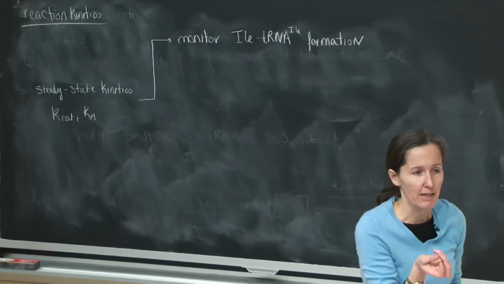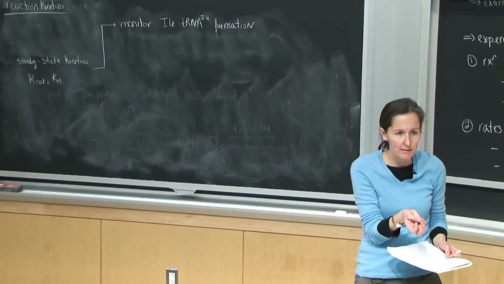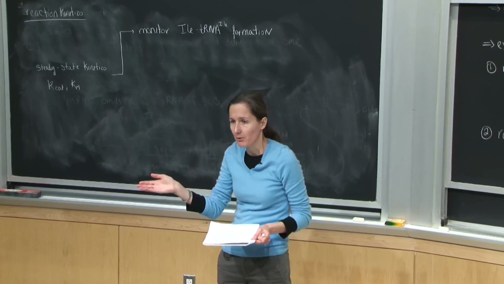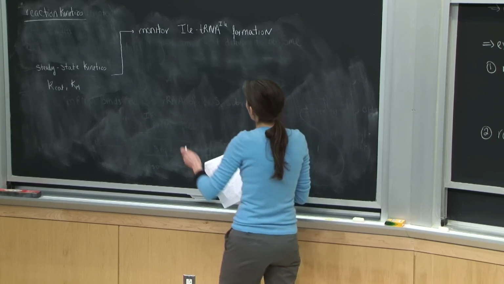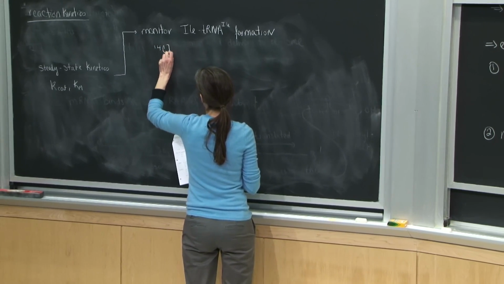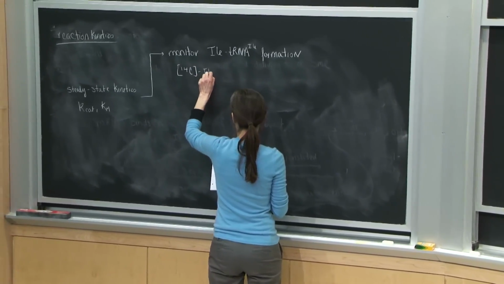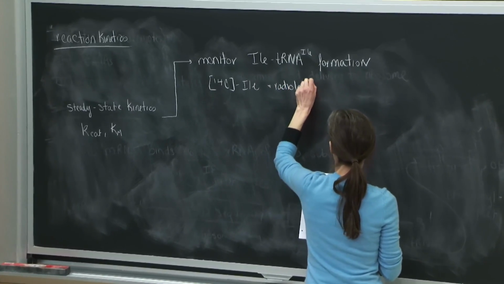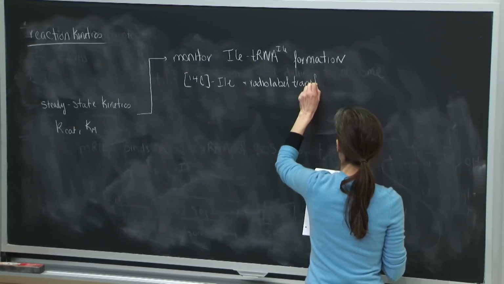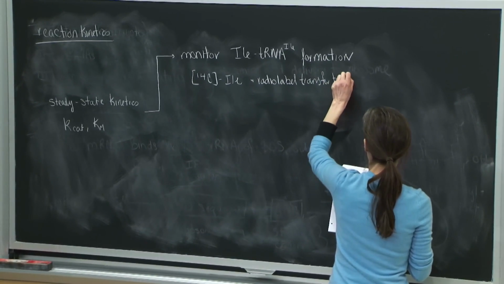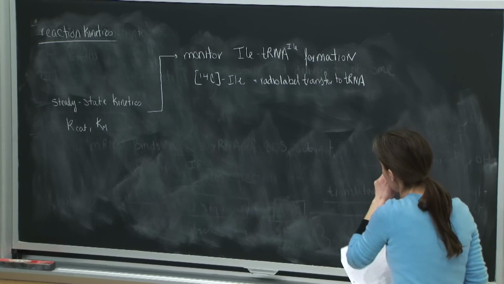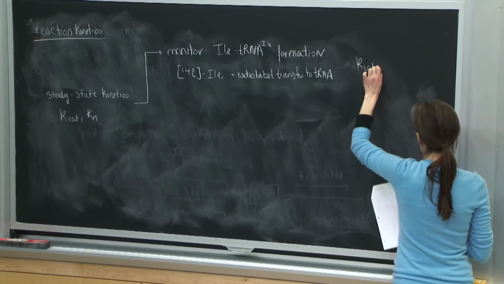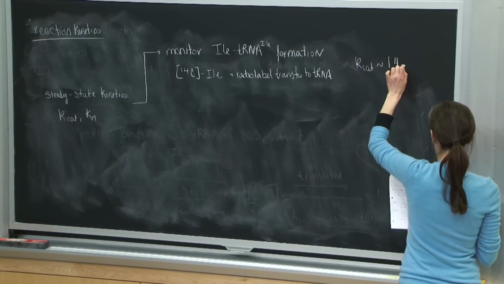This reaction is done by taking C14 labeled isoleucine and unlabeled tRNA and watching for transfer of that radio label to the tRNA. And so what comes from these studies is a kcat on the order of 1.4 per second.